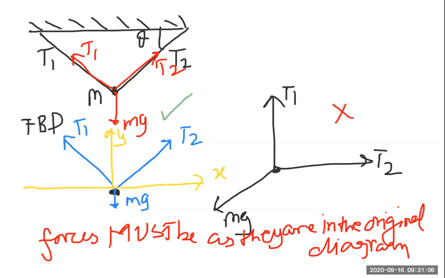You can take the x dash axis here and the y dash axis here. But you cannot change the orientation of the forces themselves. That will produce huge amount of confusion.